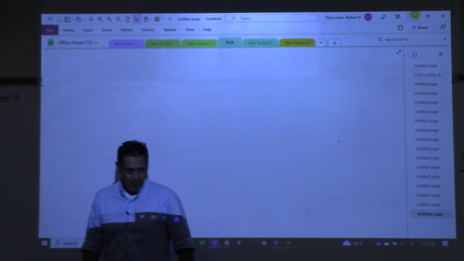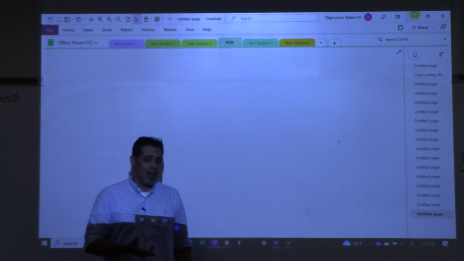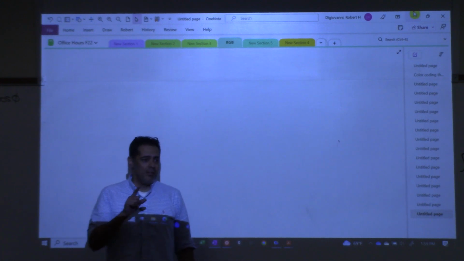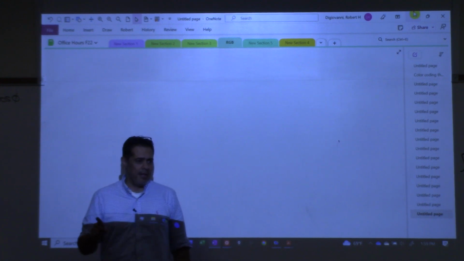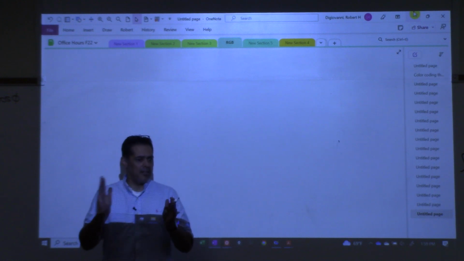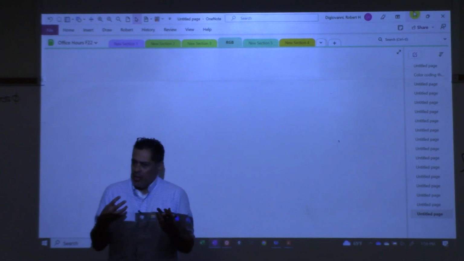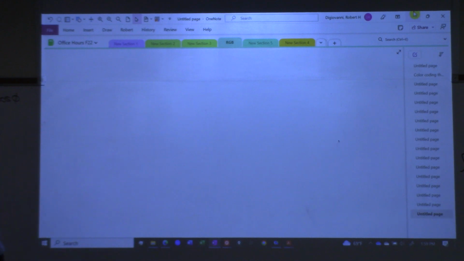Now, because I want to generalize this, I'm not going to use rho, theta, and phi. I'm going to use u, v, and w. That's just my choice, okay? I don't have to do this. The book actually does this proof with those variables, but I'm going to switch it.